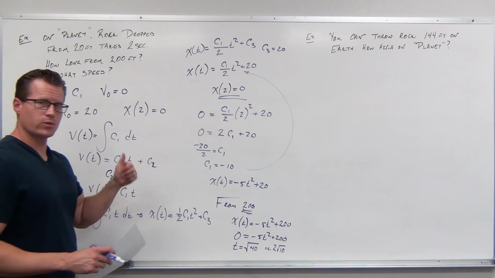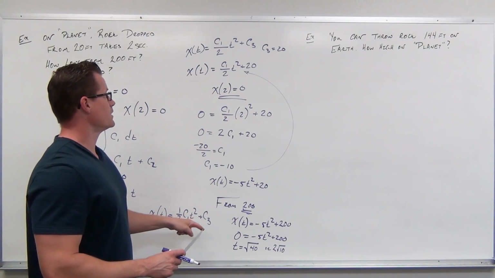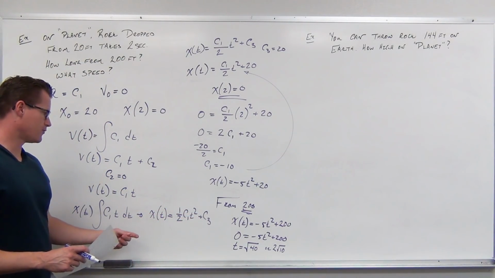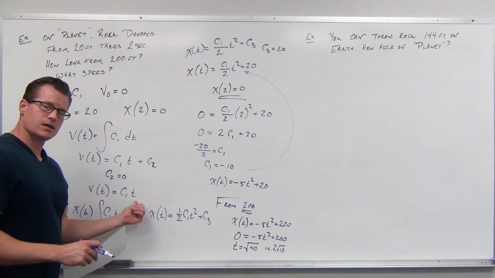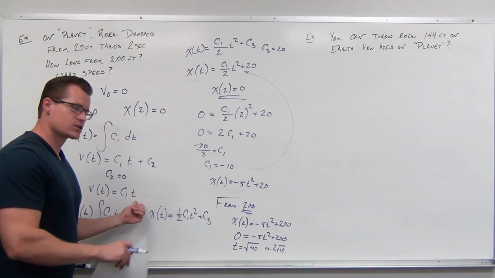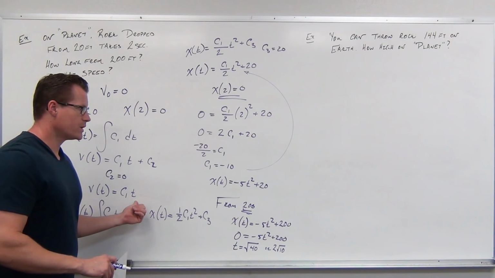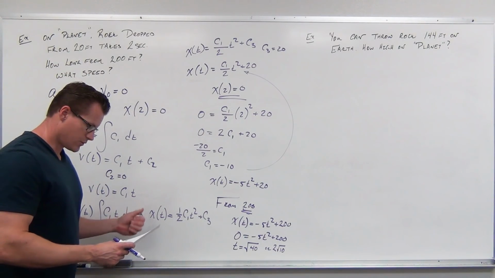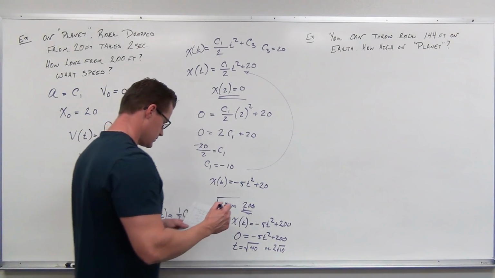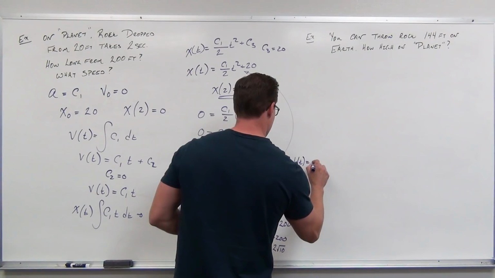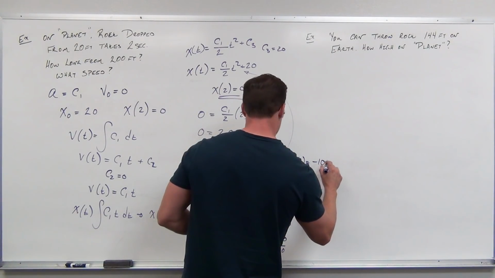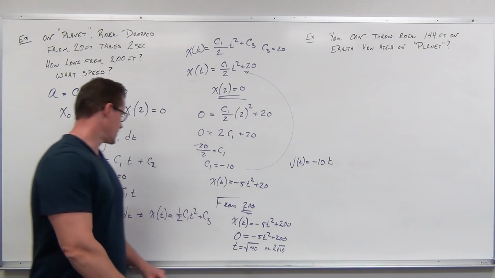How fast it's going, what its speed is, well, we're going to need a velocity function for that. Fortunately, we have one. It's right back up here. So velocity is c sub 1 times however much time you're taking. Well, we know c sub 1 is negative 10. So if we just plug that back in, velocity is negative 10t.